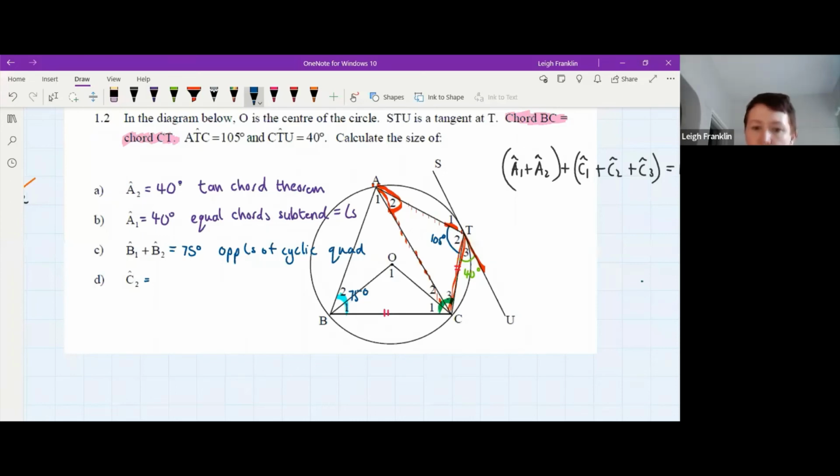And then I just used the angles in a triangle to get C1. Okay, awesome. Understood. That sounds good. And Ntando, the way she found C3 is she took the triangle ATC and she calculated C3 from there because those are the interior angles of a triangle.